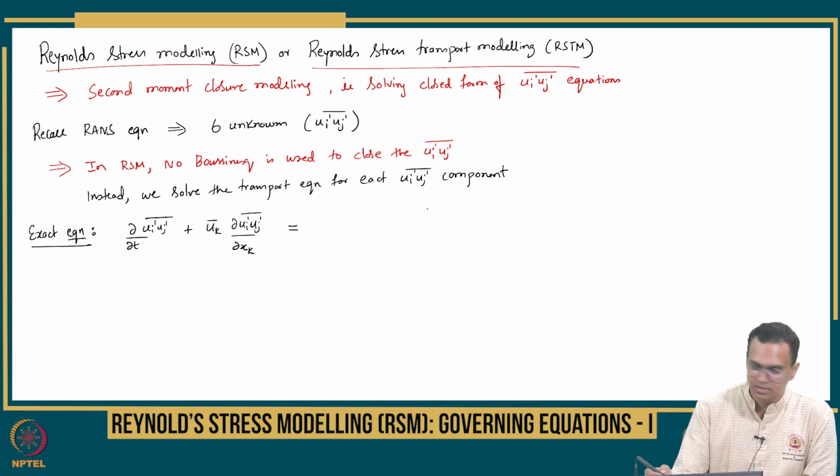So on the right hand side is the trouble. You have extra unknowns.